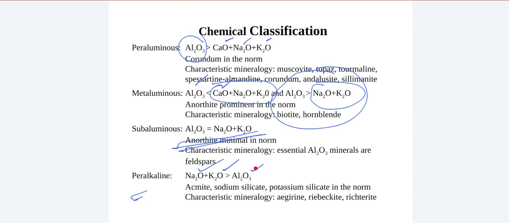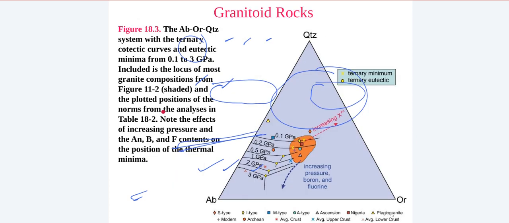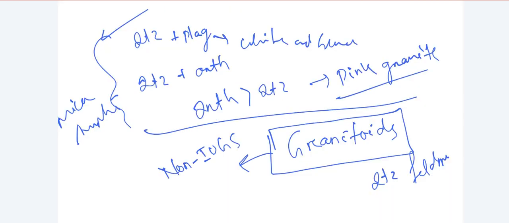Other things are there, I will teach you. For this granitoid, I have just started. When we are going to granites or granitoids, there are two things you first have to know. I have already told you about the silica, albite, anorthite thing.